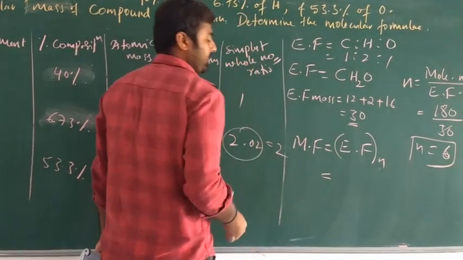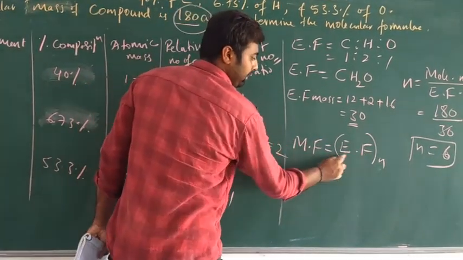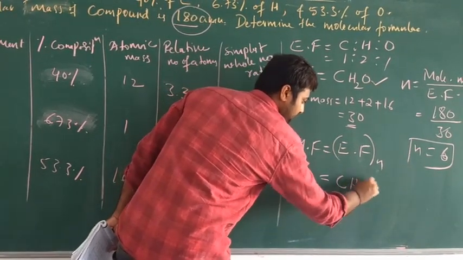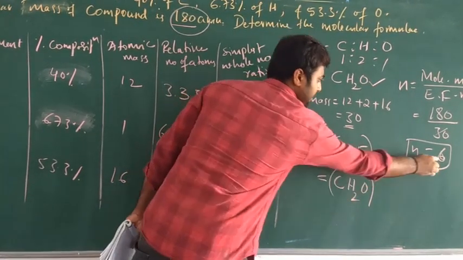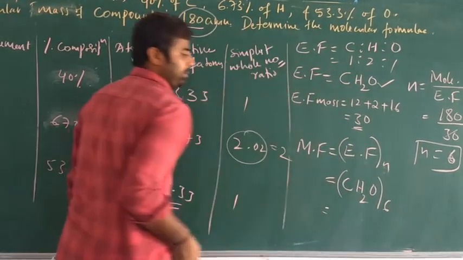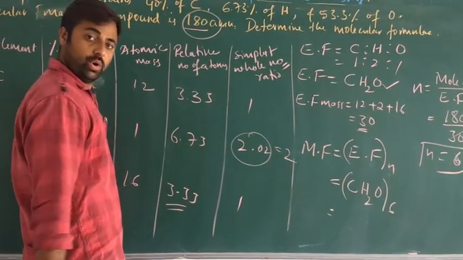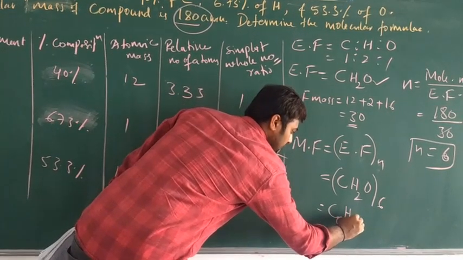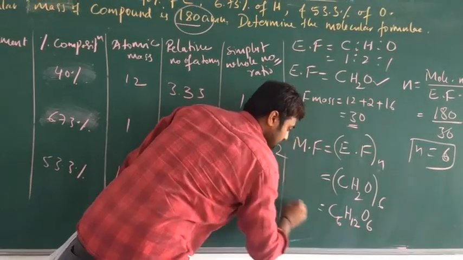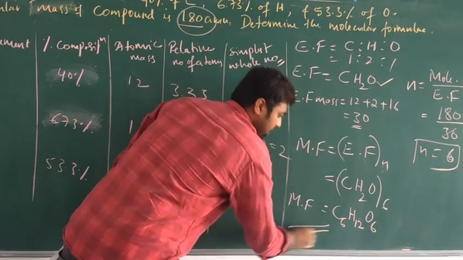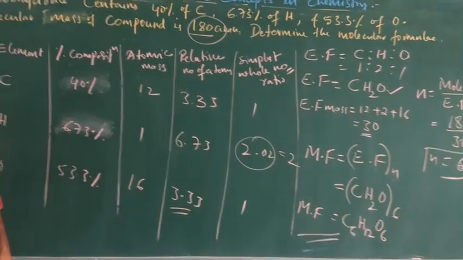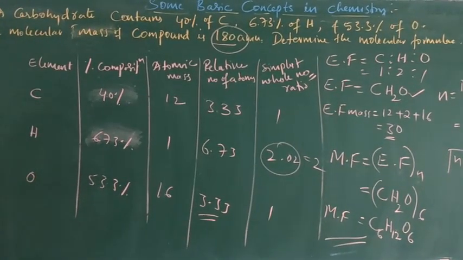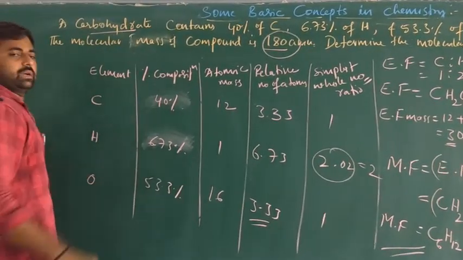Then you have to substitute the value of n into the empirical formula, CH2O. You multiply the 6 into CH2O, which gives C6H12O6. This is the molecular formula of the carbohydrate, that is glucose.